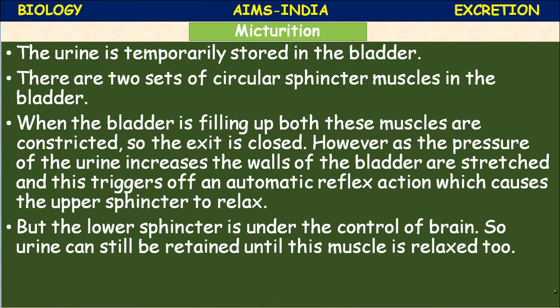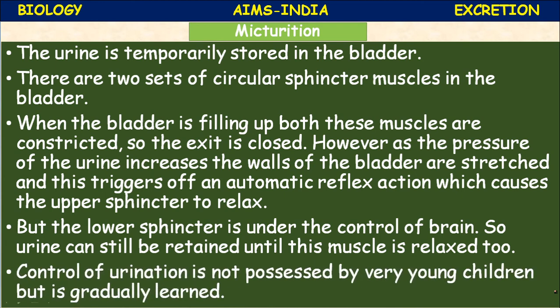But the lower sphincter is under the control of the brain, so urine can still be retained until this muscle is relaxed too. So control of urination is not possessed by very young children, but it is gradually learned.